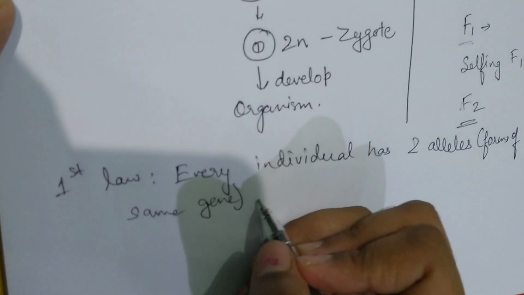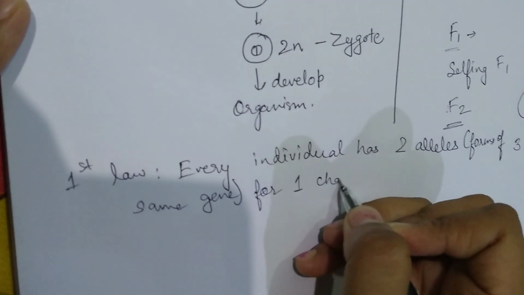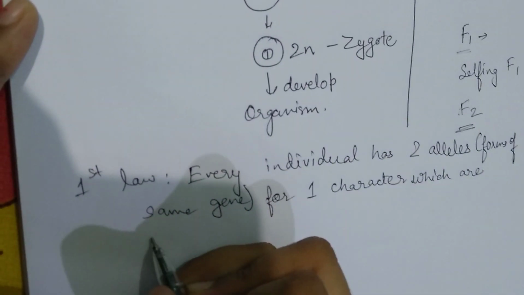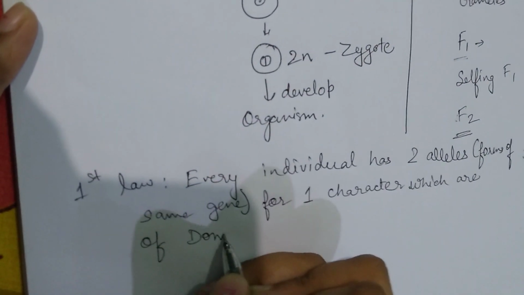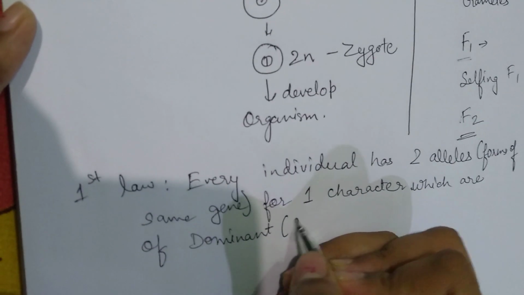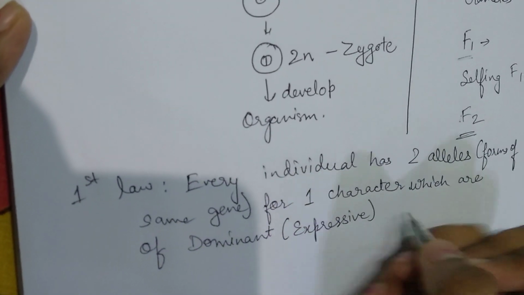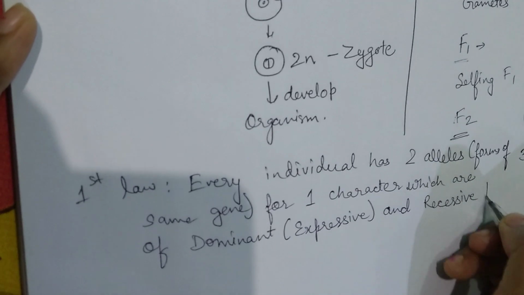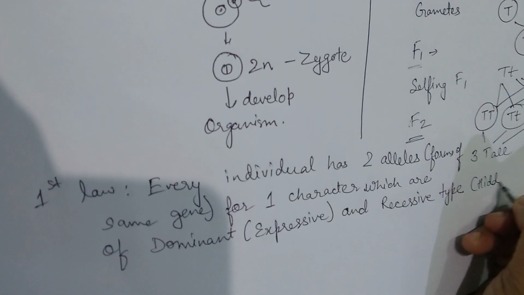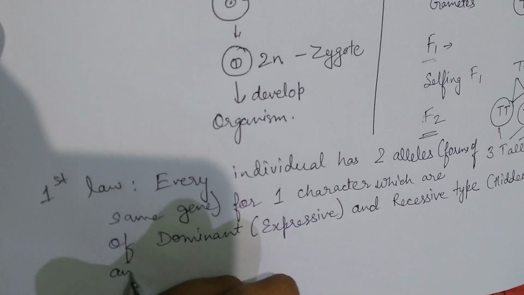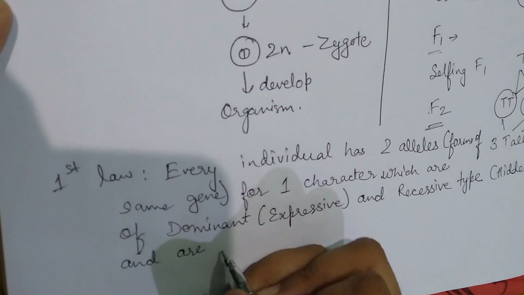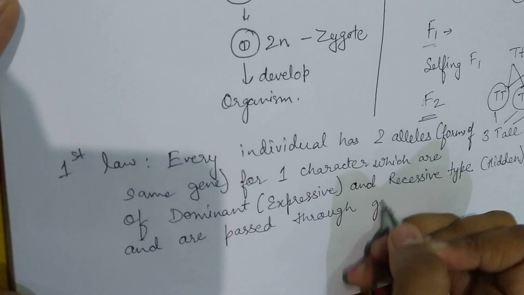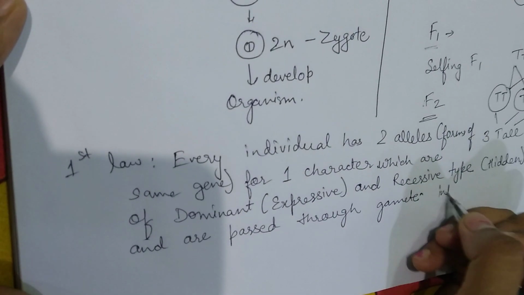So every individual has 2 alleles for 1 character, which are of dominant, expressive, and recessive, hidden type, and are passed through gametes into offspring.